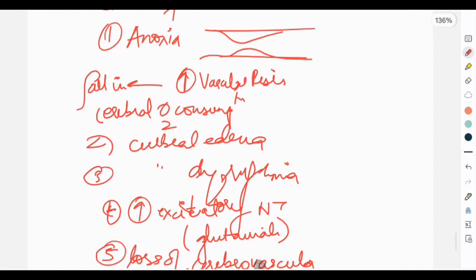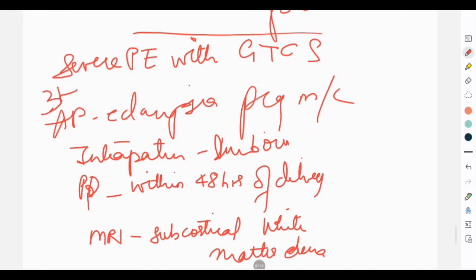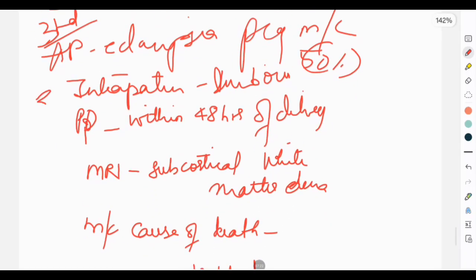Most commonly antepartum, in the third trimester, where 50% of the convulsions occur. Intrapartum 30%, postpartum 20%.